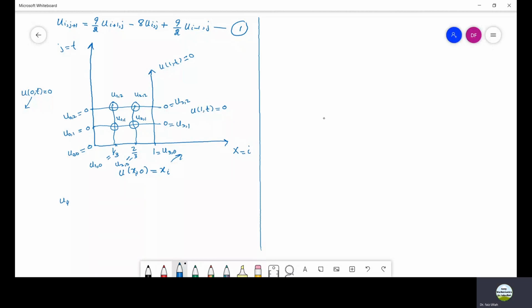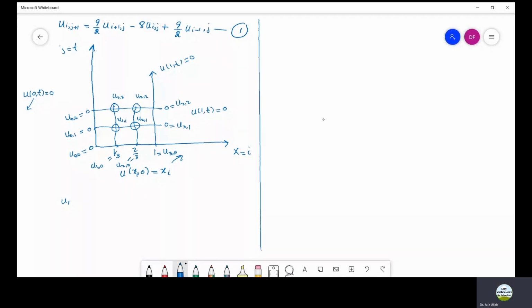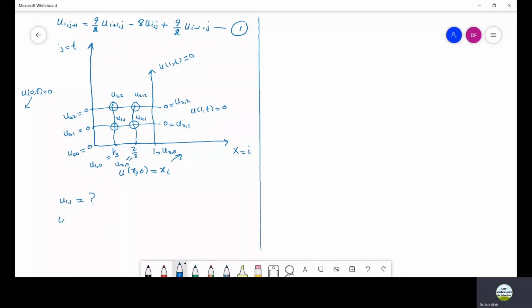Let me write it again. u1,1, we need this value. u2,1, we need this value. u1,2, u2,2. So we need all these values. So now let us find the first value, u1,1.